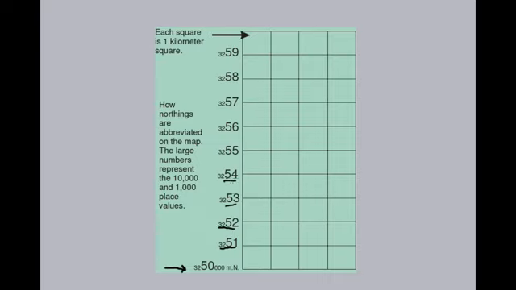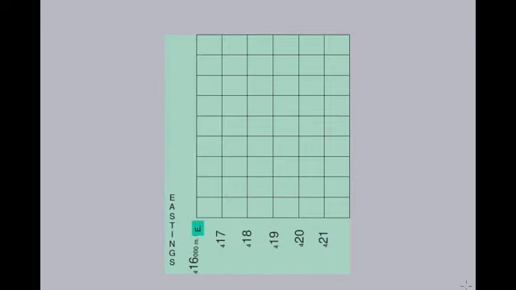You may have noticed in this video that when I presented eastings and northings, 2 of the numerals were much larger than the others. And now that mystery, if it was a mystery to you, is cleared up, because you know that these represent the 10,000 and the 1,000 place numbers. Okay, we can now see that eastings are abbreviated in a similar manner.